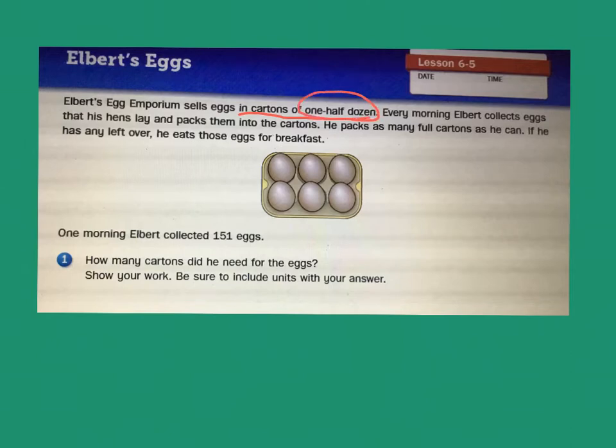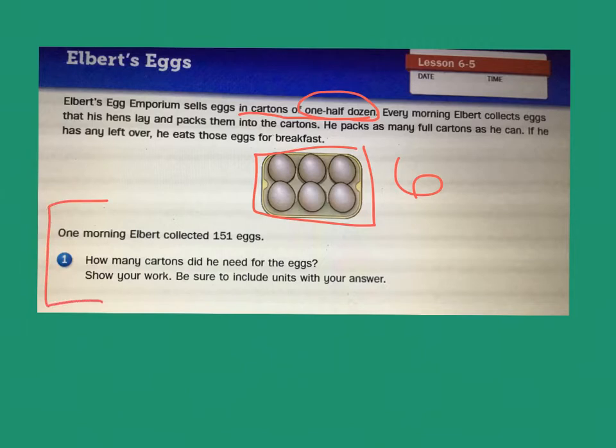From our illustration right here, 1/2 dozen is 6. So every carton will have 6 eggs in it that he can fill, right? If his hen has 12 eggs, he can fill 2 cartons, right? So let's see what our problem asks.